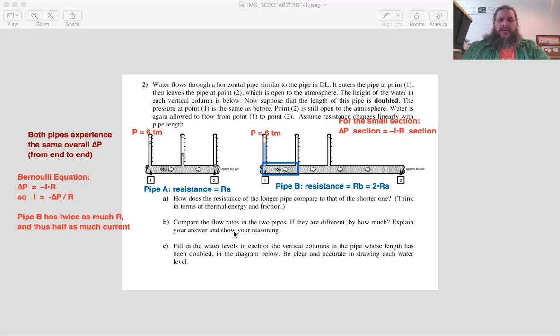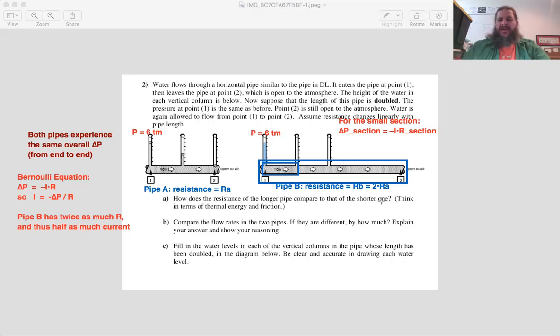So that 2 times RA, you can't use that for the whole thing? 2 times RA is the resistance of the whole pipe, in the sense of, like, let's say this pipe is 6 meters long. 2 times RA would be the resistance of the 6 meter pipe. But if you're looking at just, let's say, 1 meter of that pipe, that doesn't have the full resistance.